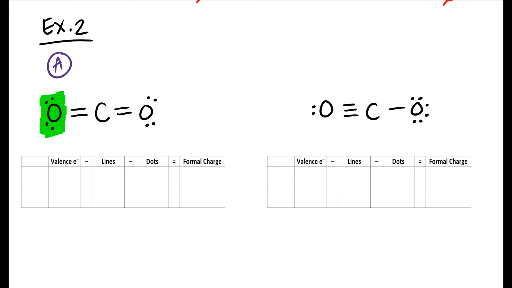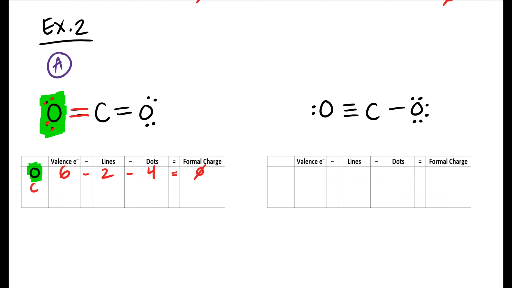The highlighted oxygen has 6 valence electrons. Subtract the lines, 1, 2, and subtract the dots, 1, 2, 3, 4. This oxygen has a formal charge of 0.